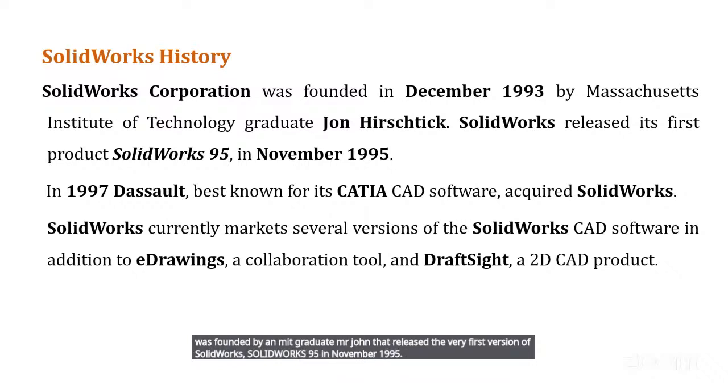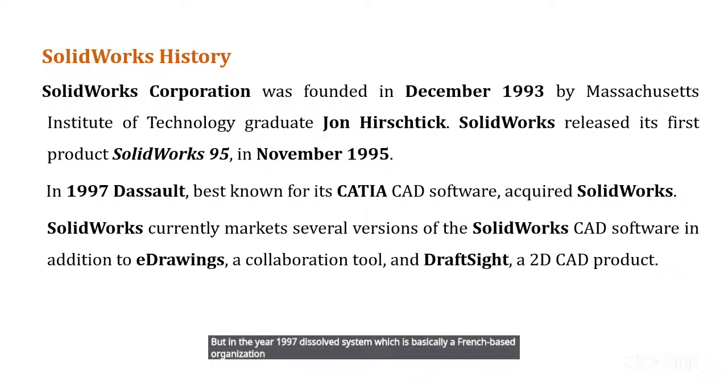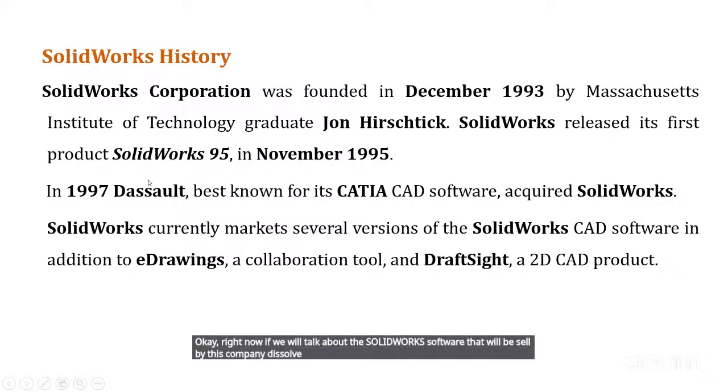But in the year 1997, Dassault Systèmes, which is basically a French-based organization, precisely known for the CATIA software, acquired the SolidWorks software. Right now, the SolidWorks software is sold by this company, Dassault Systèmes, a French company, which owns both the software CATIA as well as the SolidWorks software.